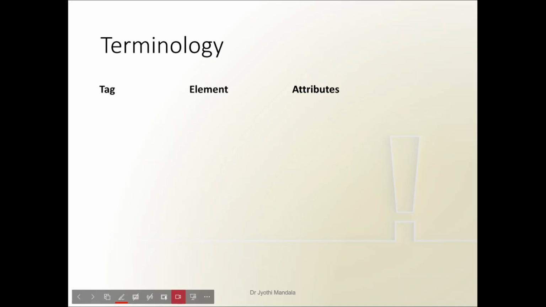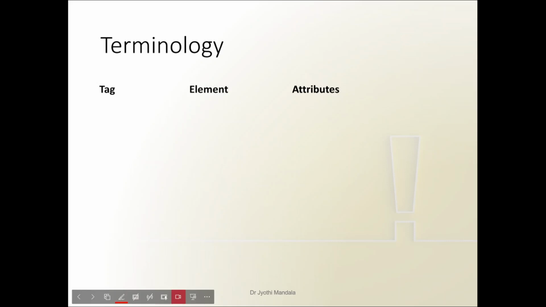Now coming to the attribute. If you want to give some additional information, like the properties you want to set, all those things can be done by using attributes. For different tags, different attributes are there, and we are going to understand that. But you need to remember, an attribute consists of a name and a value.